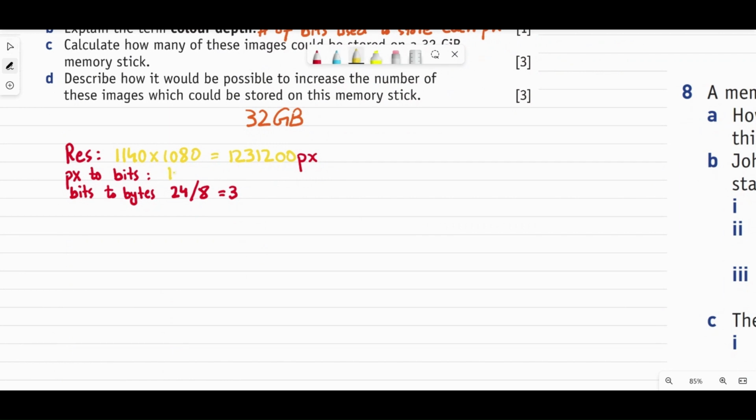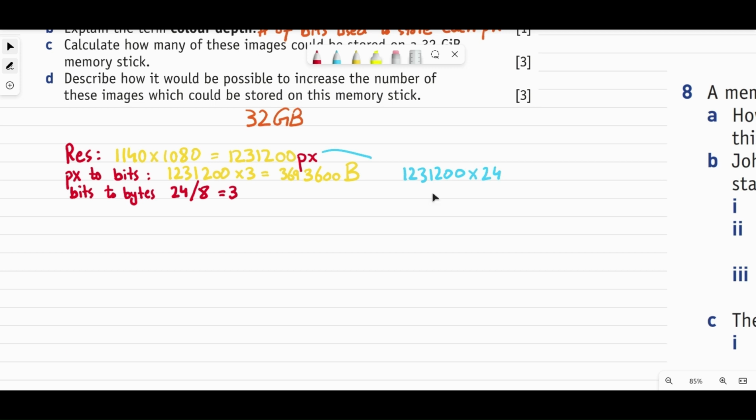Now 1231200 multiplied by 3 will give us the answer in bytes. Multiply by 3, 3693600 bytes directly. Otherwise we could have done it the proper way, which was 1231200 multiplied by 24 for step 2.